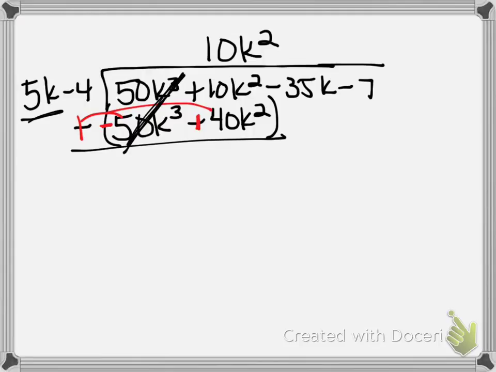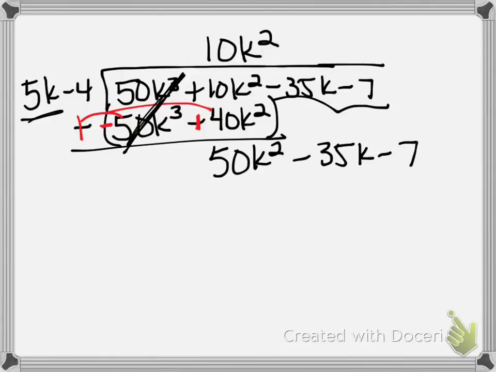And I have 10k squared plus positive 40k squared, and that gets me 50k squared. Now, when I bring down, I am going to bring down the whole rest of it. We didn't see that in the other problems because they were smaller polynomials, but I like to bring down everything because a lot of times people forget about this constant. So I'm bringing down everything that I have not divided yet.